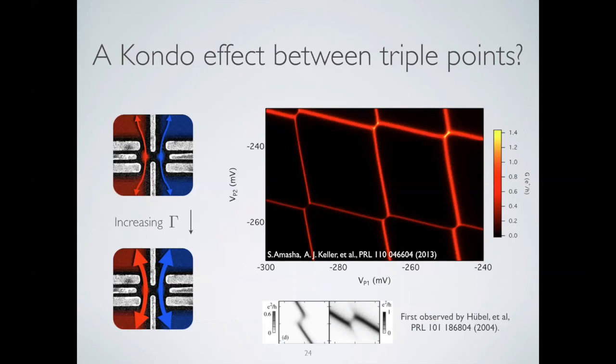So seeing conductance in this region is not something you'd expect in a simple picture. It turns out that's a Kondo effect that's enhancing that conductance. And in fact, it was first observed by a group in Germany before this, and we studied it in more detail.